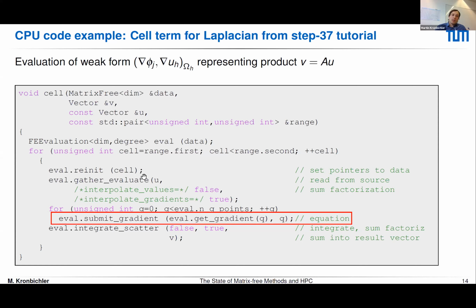Then I read my vector U for my input vector. I interpolate the gradients to the quadrature points. At the quadrature point level, I take my gradient and I send it back to be queued for testing by the gradient of the test function. So submit gradient means that I want this to get tested by the test function. I just need to split it up a little bit, because that's the orange part that I have put into highlights here.